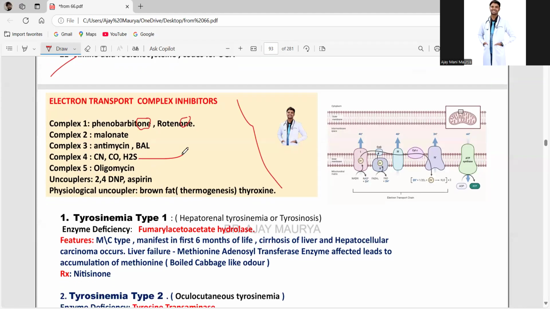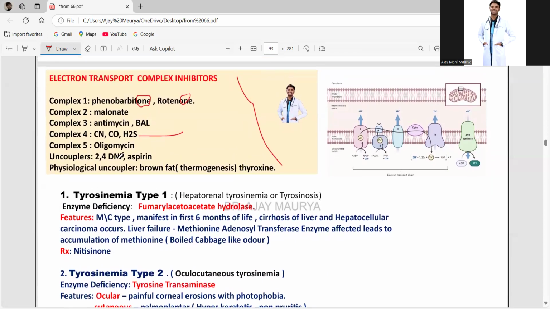Complex 4 is cyanide poisoning: cyanide, carbon monoxide, and sulfide. Remember these, guys. Also these are the uncouplers: 2,4-DNP, and aspirin acts as an uncoupler. The physiological uncouplers are brown fat, for thermogenesis. For example, which one? Thyroxine.